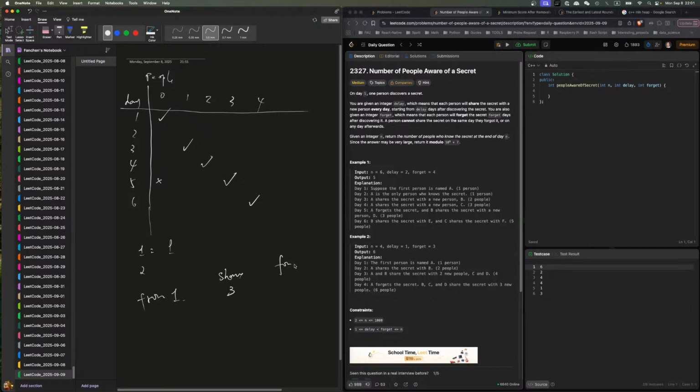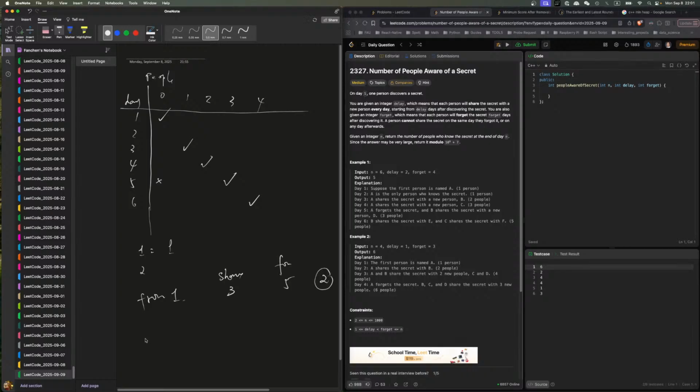And they forget on day 5, since we're told people forget the secret 4 days after discovering it, so plus 4 gives day 5. So for this person we have days 3 and 4, so the difference is 2. So we can get 2 new people from this person.